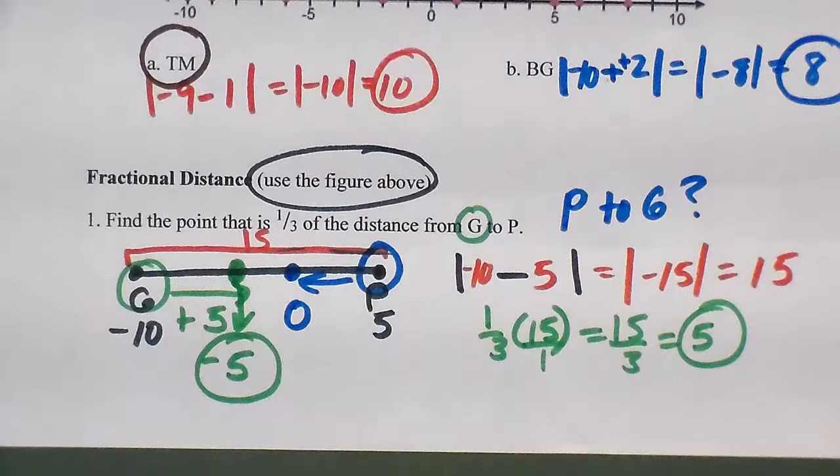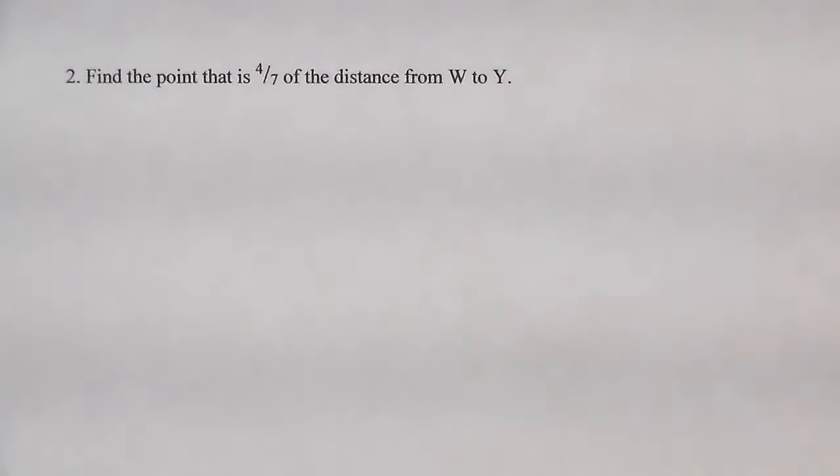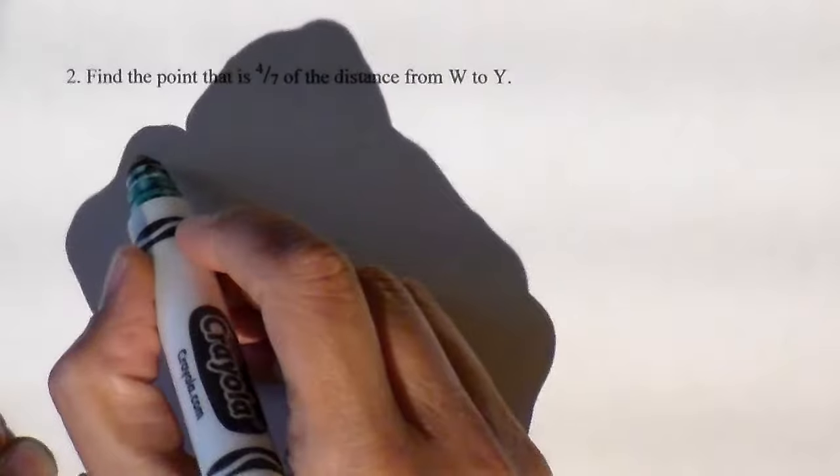Okay, let's look at one more. I've got one more fractional distance for you. This one says find the point that is 4/7 of the distance from W to Y. So I'm going to draw my number line.